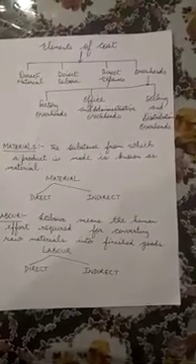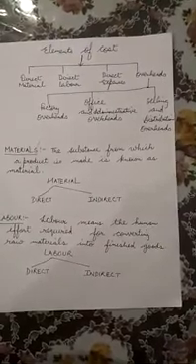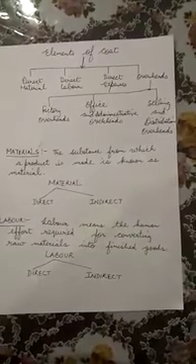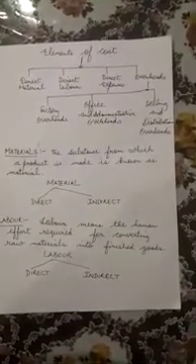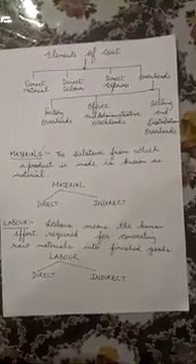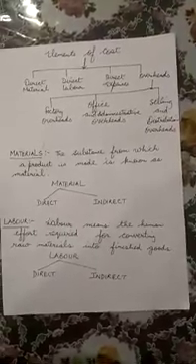Overheads are further of three types, that is factory overheads, office and administrative overheads, selling and distribution overheads. Before we talk about direct and indirect, let us know the different terminologies such as material, labor, expense and overhead.